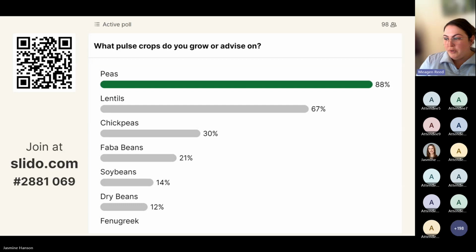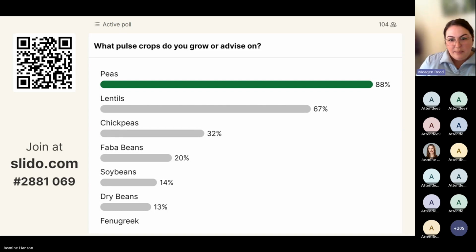For those of you who are just joining, if you can follow the steps for logging into Slido and participate in the poll, that would be fantastic. The percentages haven't really changed much.